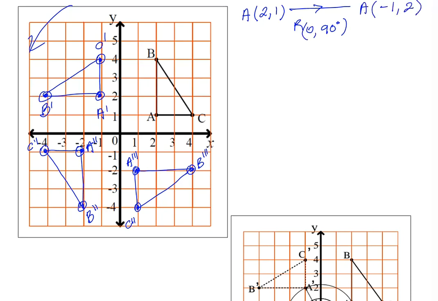All right, so what I notice here is that for a 90-degree rotation, the x and y coordinates interchange, meaning they switch around, and the sign of the x coordinate changes.